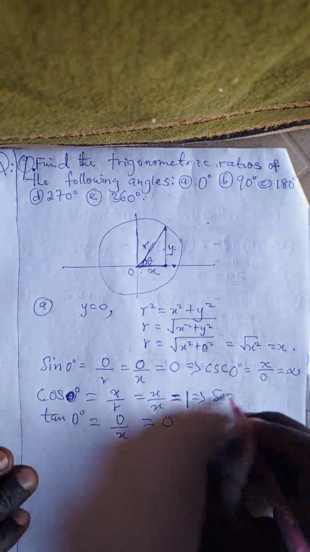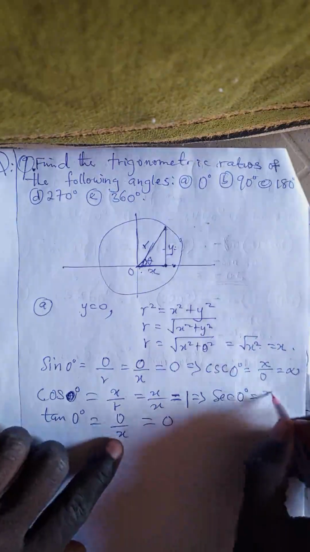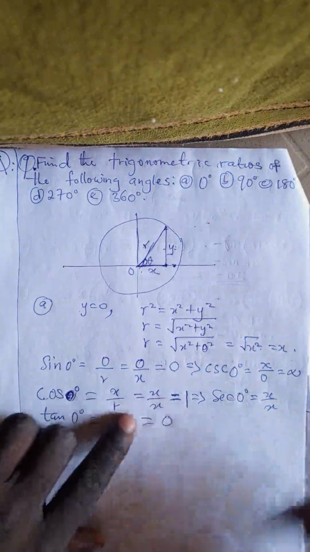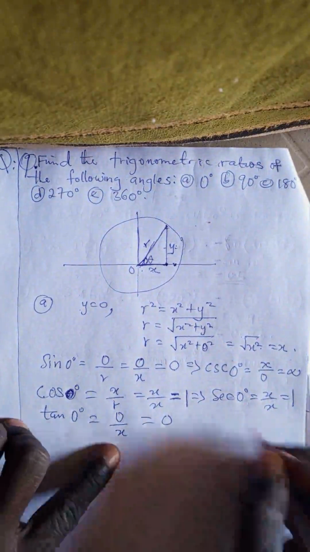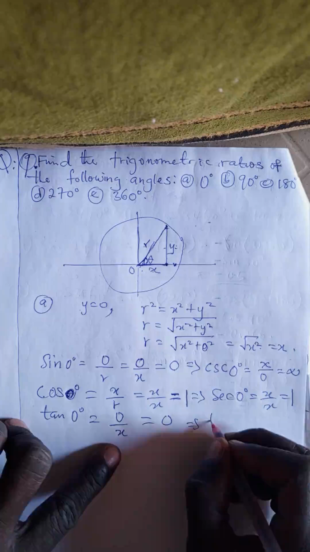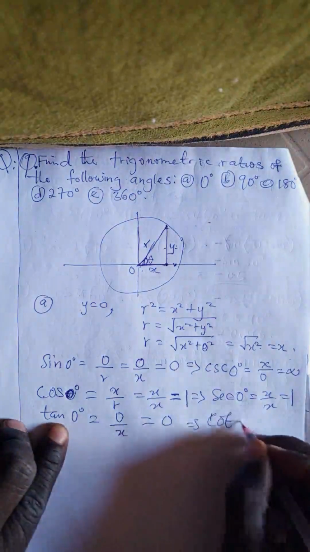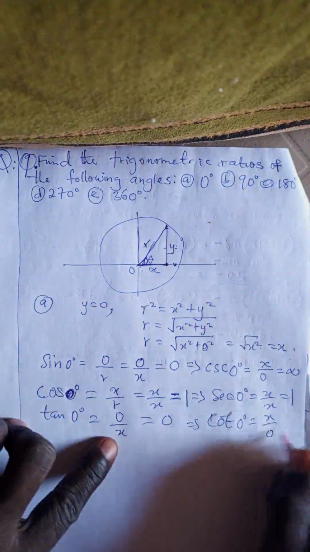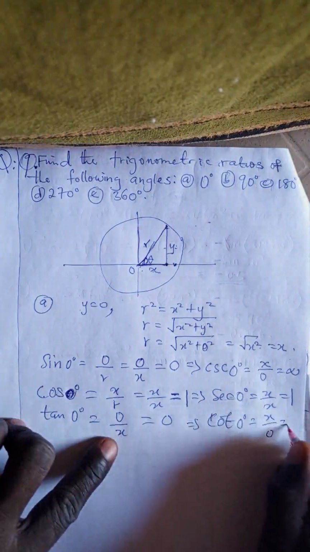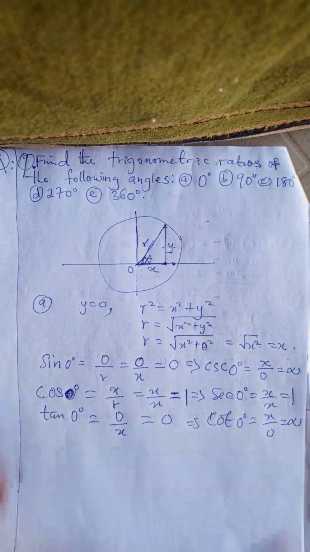Also, sec 0 degrees will be equal to x over x, because the two x are identical, so it is equal to 1. And then cot 0 degrees is equal to x over 0. So x over 0, and so this is equal to what? Not defined, because division by 0 is not defined, and so we have infinity.